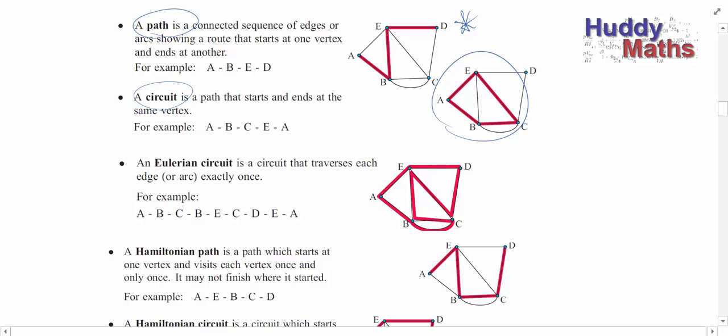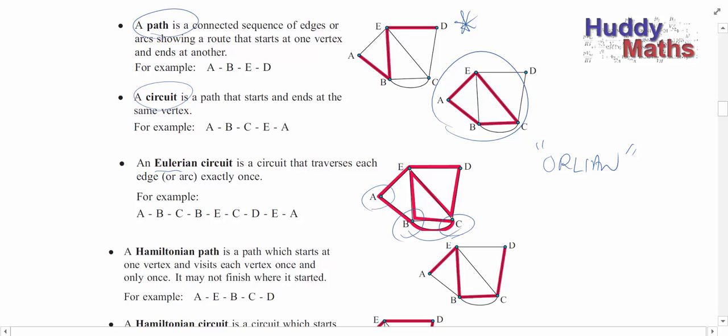And Eulerian circuits. This is not Euler. Eulerian. That's how we say it. Eulerian circuit. Here's a circuit that traverses each edge or arc exactly once. You don't go over it again. But you do go around all of them. So A to B to C, then back to B here.